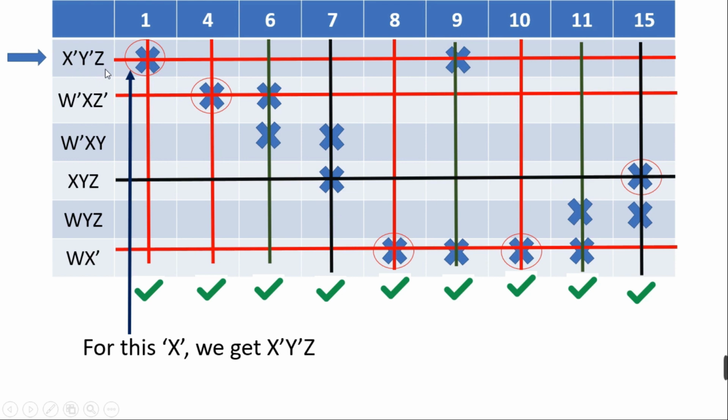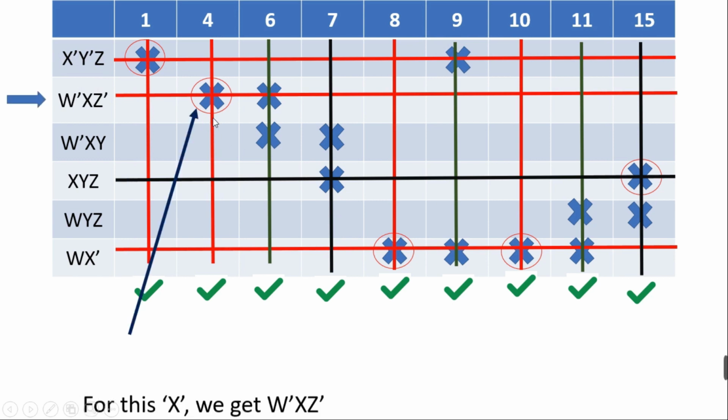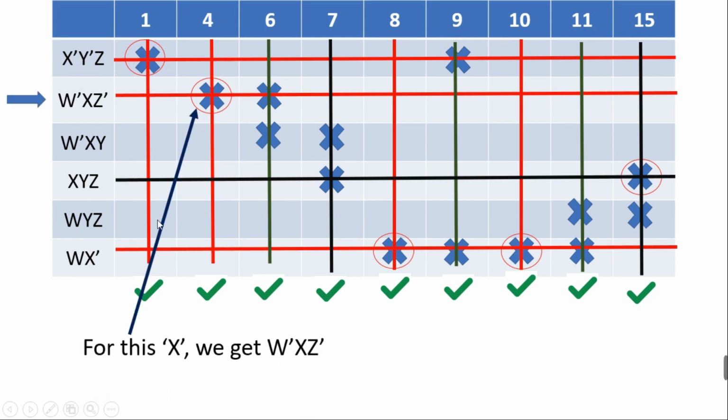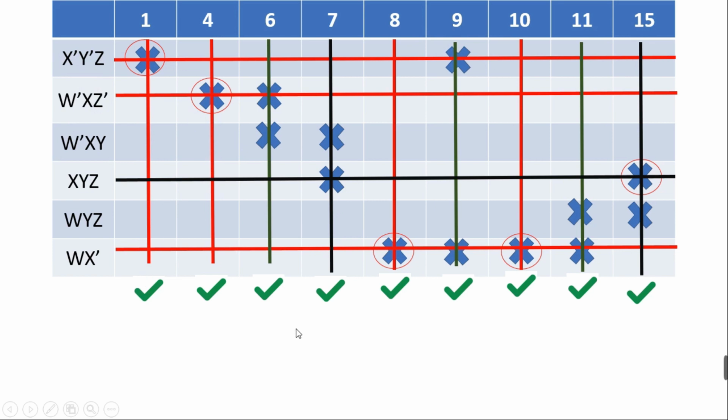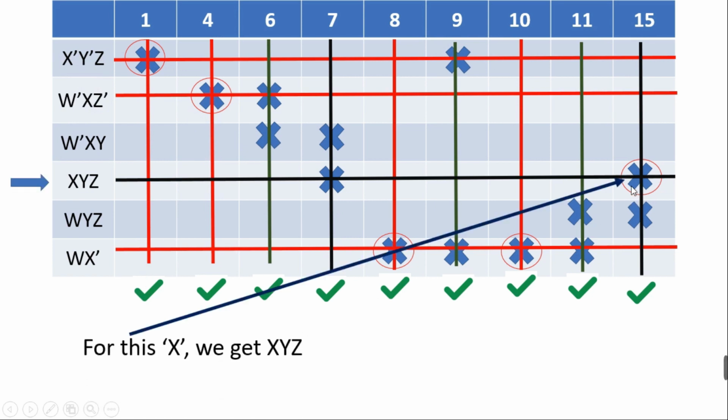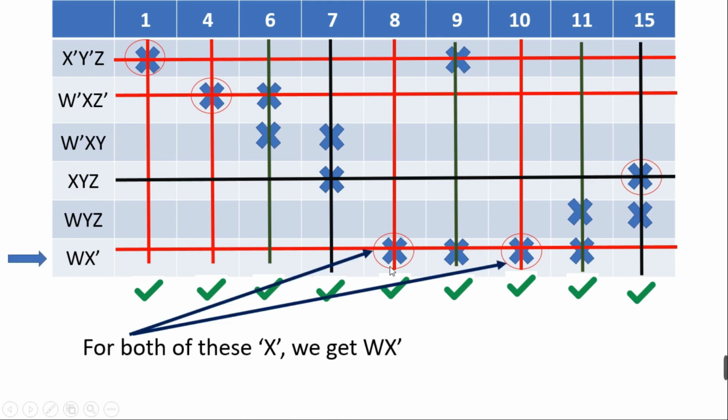So we're going to take this out, x prime y prime z. All right. So for the second one over here, we can see that it's w prime x z prime, and for the third one over here, we can see the prime implicant is x y z, and the fourth one, you can see that both of these x's are actually indicating to the same prime implicant, so w x prime.